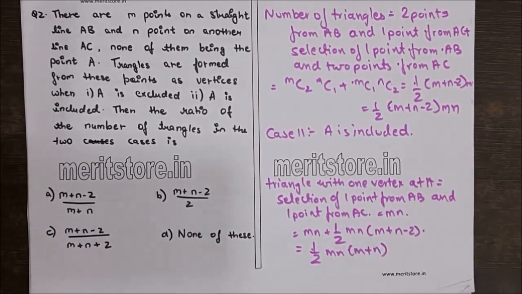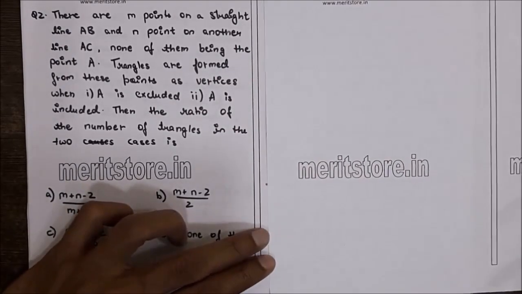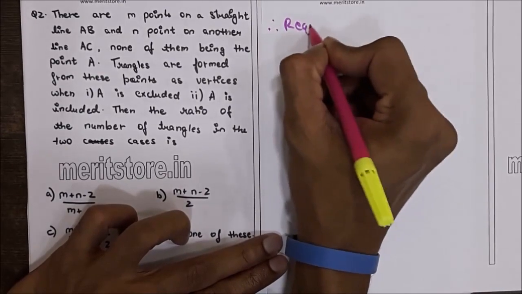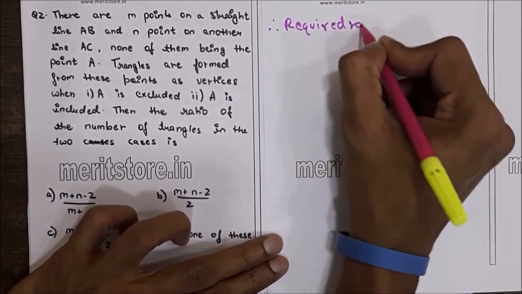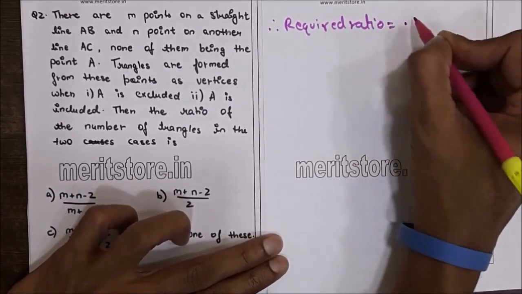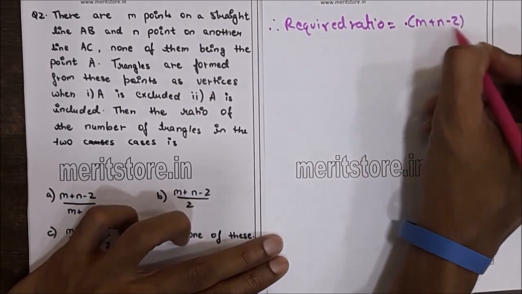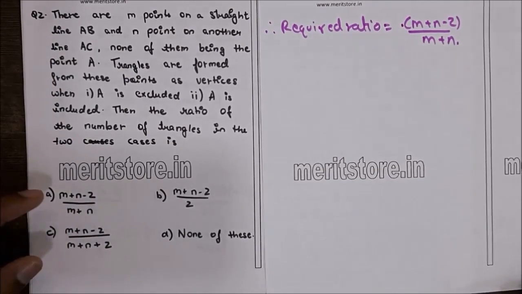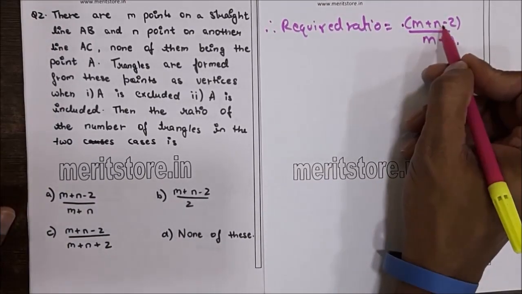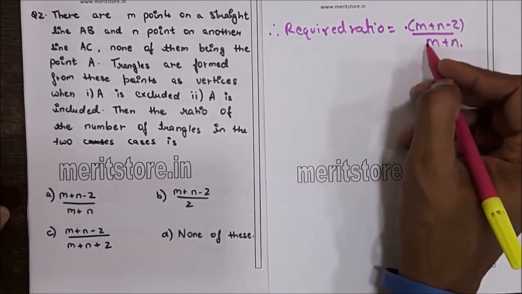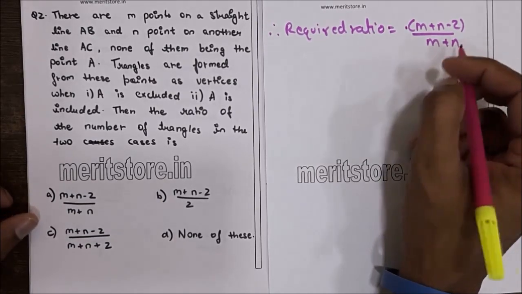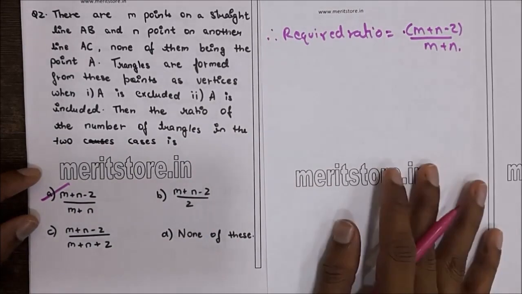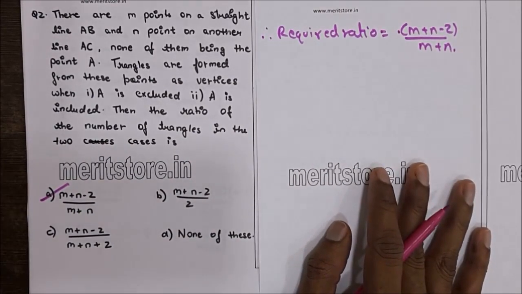Further solving this, we take the required ratio, that is m plus n minus 2 upon m plus n. We take the ratio of case 1 and case 2, so we get the answer m plus n minus 2 upon m plus n, which is our option A. Therefore, option A is the correct answer.